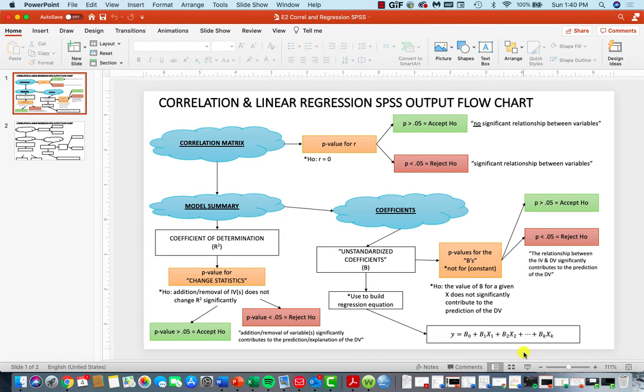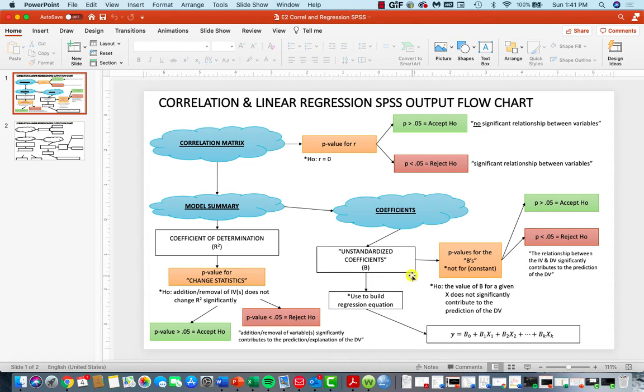When you're actually using that equation to predict the dependent variable, that's when you add in values for x. Otherwise, your equation is just whatever the B coefficient is times x for that given variable, plus a B coefficient for another variable times x for that variable. You're building an equation to use to predict y, or the dependent variable.